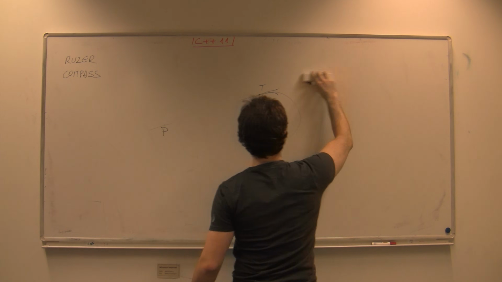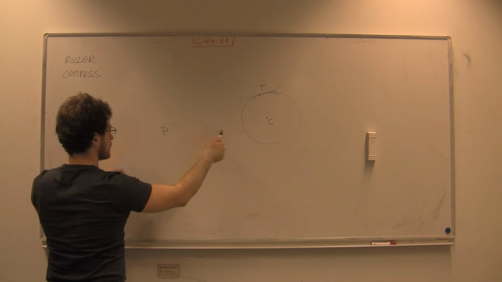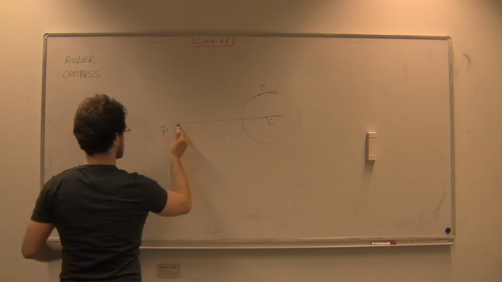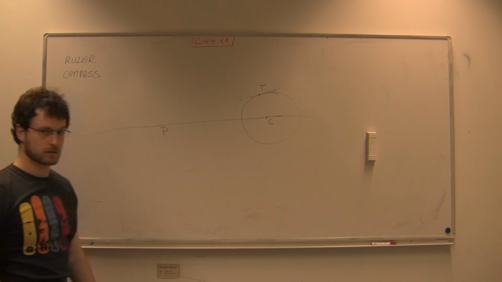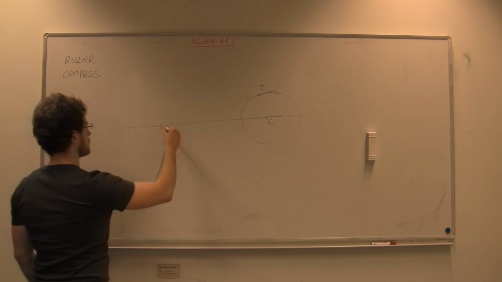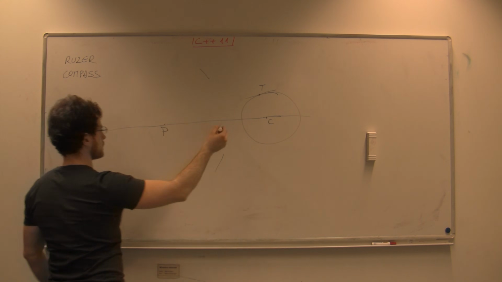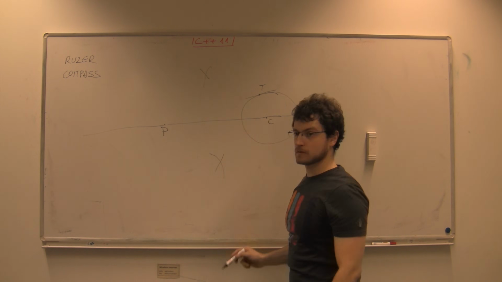So the way the ancient Greeks would construct this tangent, they would first draw a line between these two points. Then they would use a compass like this, from this point to this point, to find the symmetry.